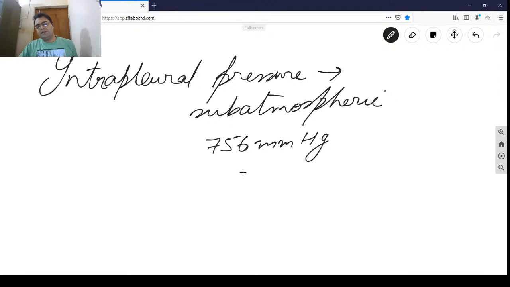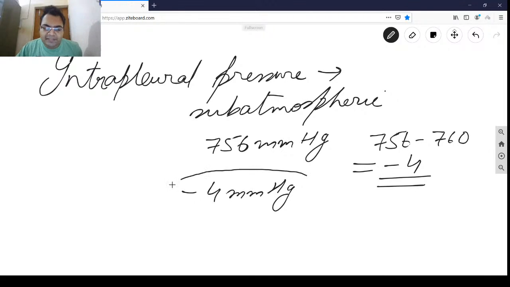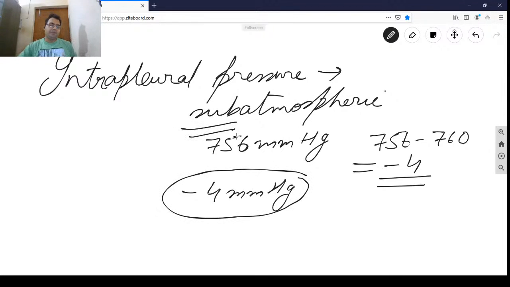So from the mathematical perspective, it is minus 4 mm Hg, because 756 minus 760, which is the atmospheric pressure, gives you minus 4. So this is subatmospheric, sub meaning below, so below atmospheric pressure. This is known as intrapleural pressure, which is subatmospheric.